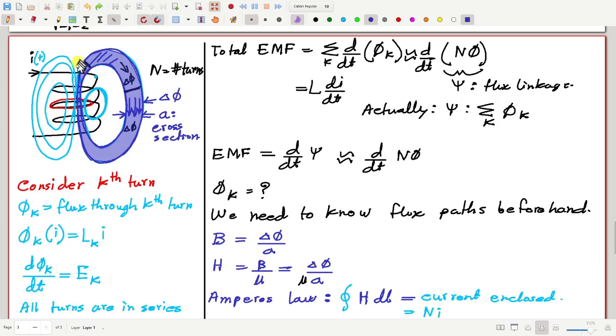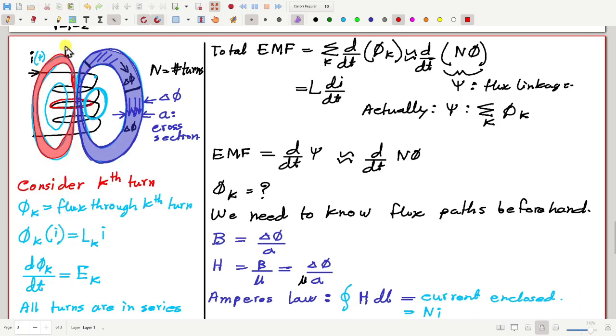Then you can consider another tube, maybe let me draw in red, maybe this one, not this one yet, this red tube.